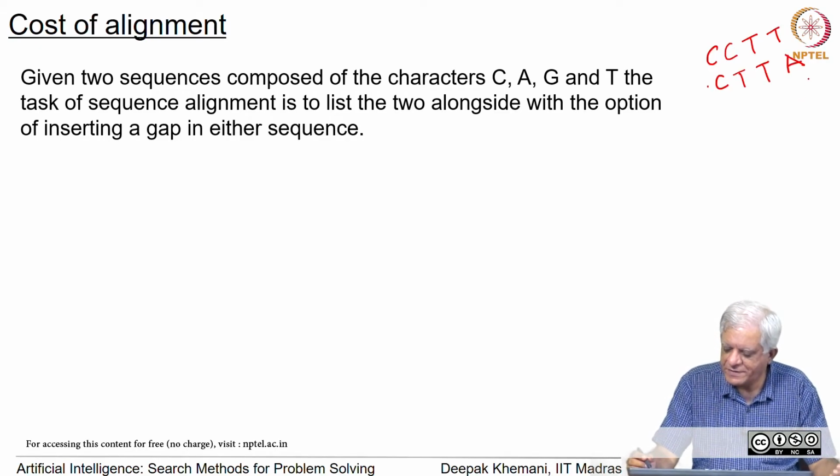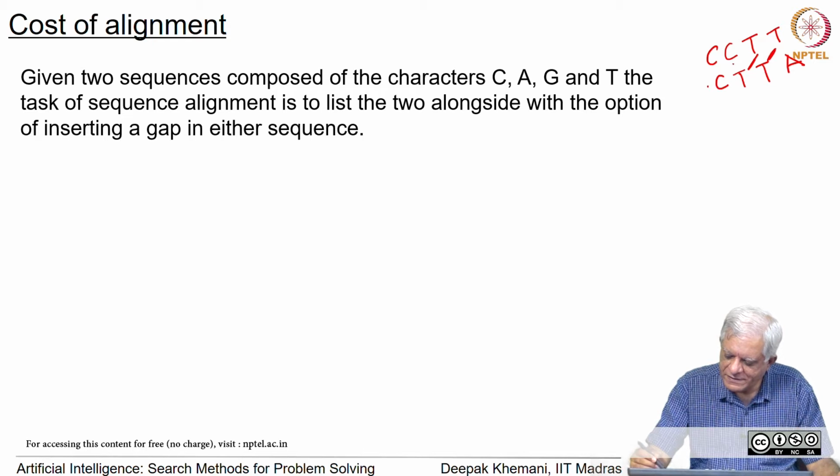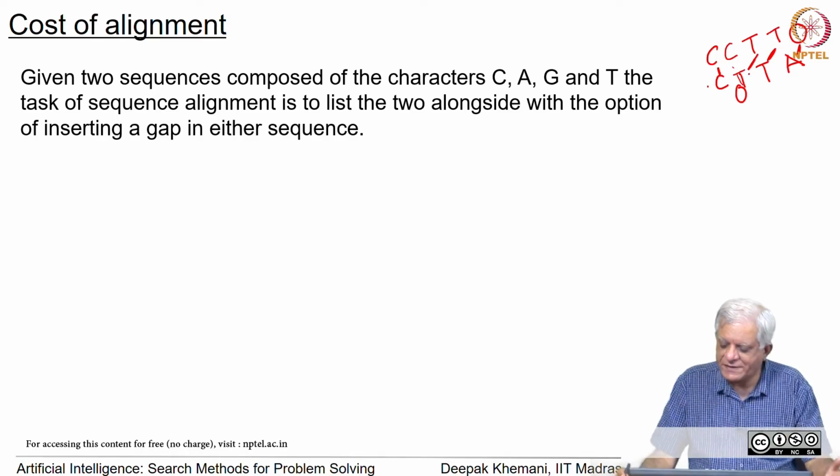Then maybe one possible alignment is to align the T with the T, the C with the C, and the A. So, you need to insert a gap here to match with the A and another gap here to match with the C. Maybe that is a better assignment.